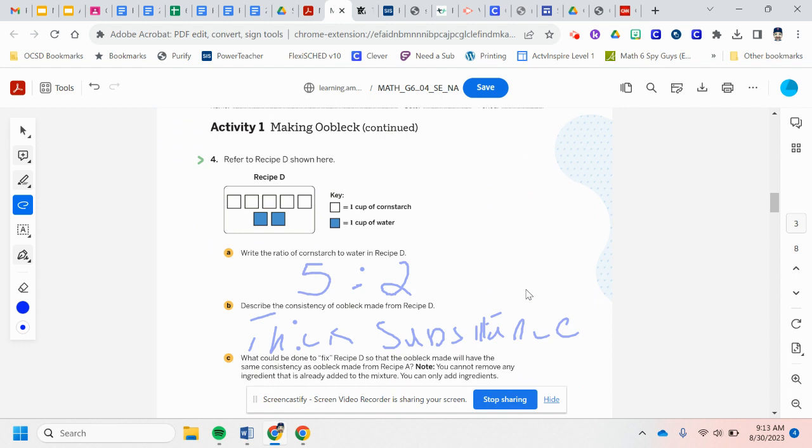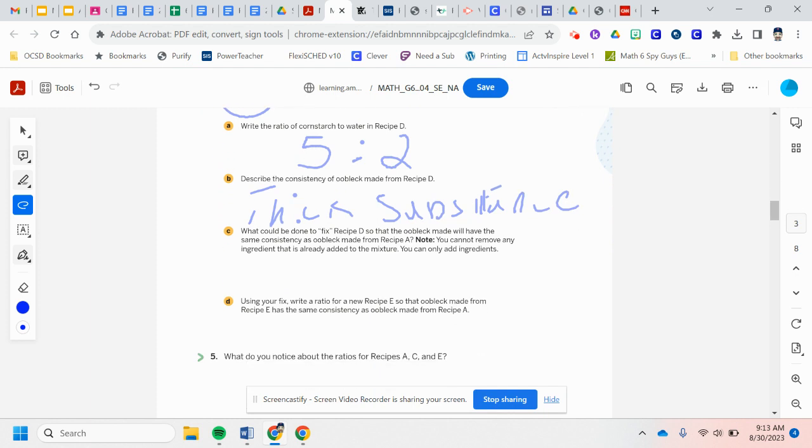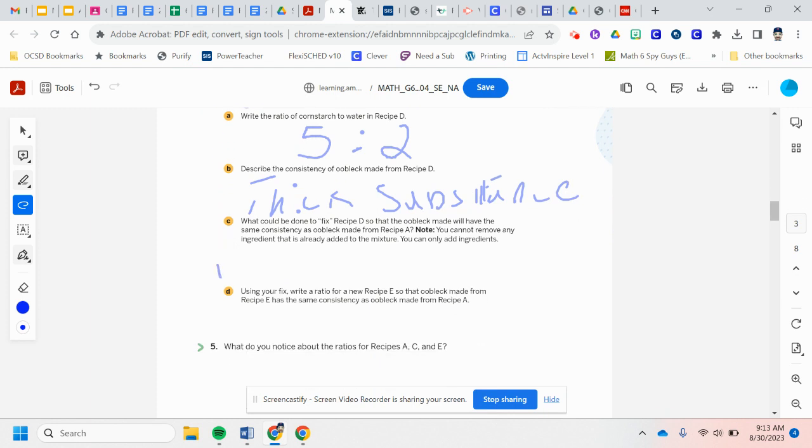So if we can't take anything away, to make 2 to 1 and 2 to 1, I'd have to add 1 more cornstarch, and 1 water to make it even.